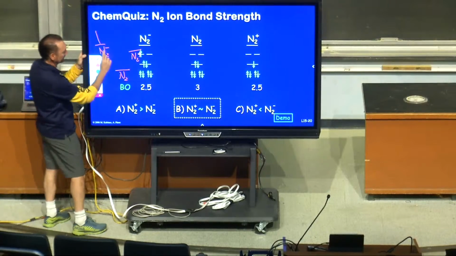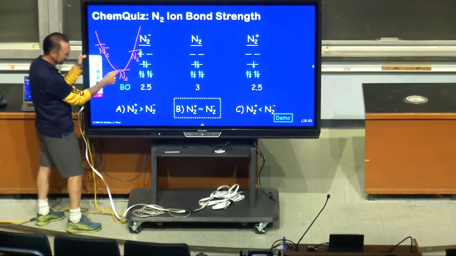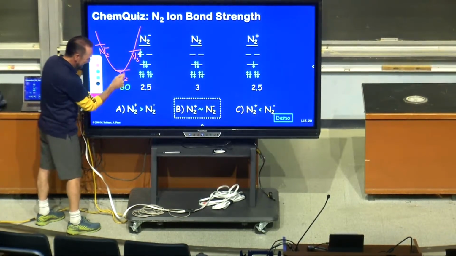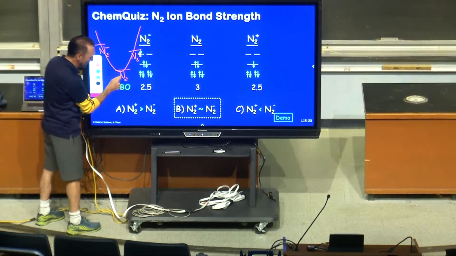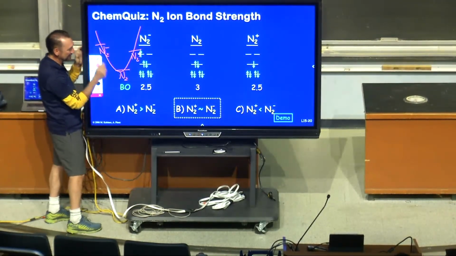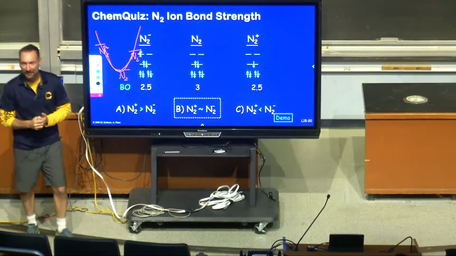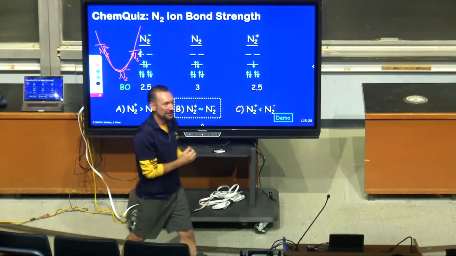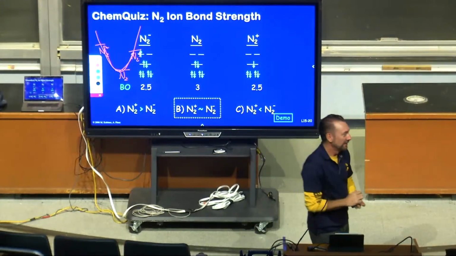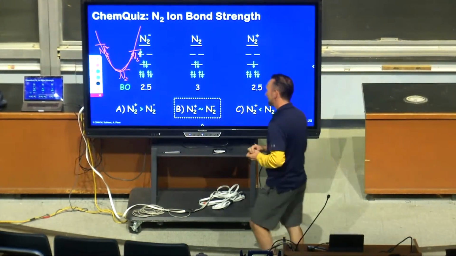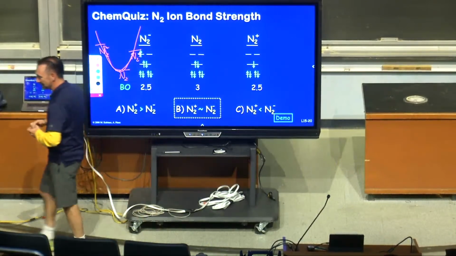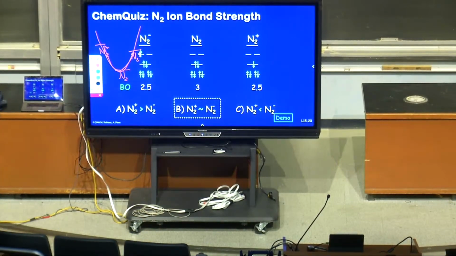Look at that. This is why we would say N2 is stable, because going anywhere else is uphill in energy. What a beautiful way to summarize everything that we've talked about in class.